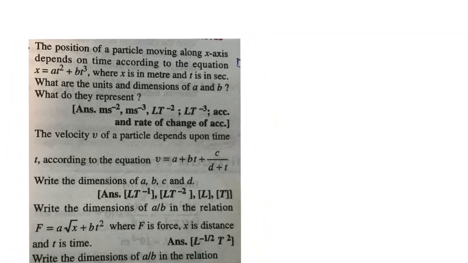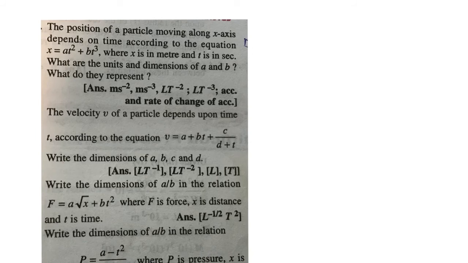Class, in the first numerical, notice one thing: x is the position of the particle, which means it is length. So length equals length plus length, meaning at square is length and bt cube is also length.